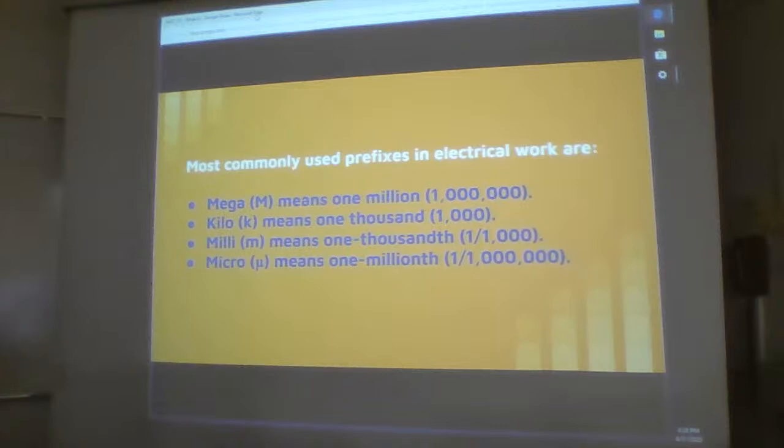And micro, this funky little u-looking symbol, stands for 1 millionth, 1 over 1 million. Those are fairly common, and you will see those a lot. I'm not sure if it's in basic or advanced electricity, but we'll get into picofarads, which is a large exponential connotation for higher values of measurement.